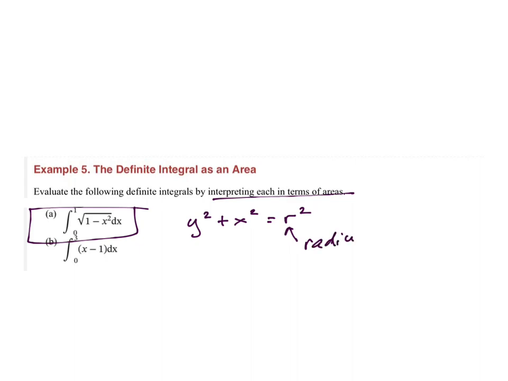So if I wanted to graph a circle of radius 3, my equation is x squared plus y squared equals 9.